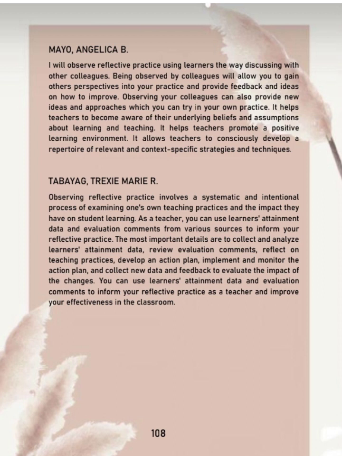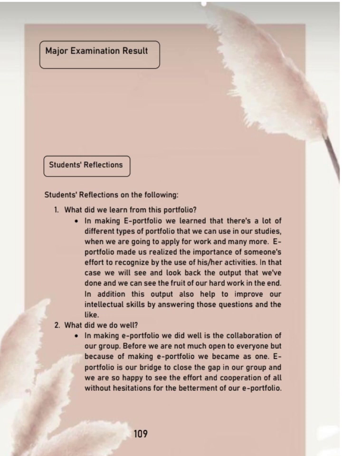The most important steps are to collect and analyze learners' attainment data, review evaluation comments, reflect on teaching practice, develop an action plan, implement and monitor the action plan, and collect new data and feedback to evaluate the impact of the changes. You can use learner attainment data and evaluation comments to improve your effectiveness in the classroom.